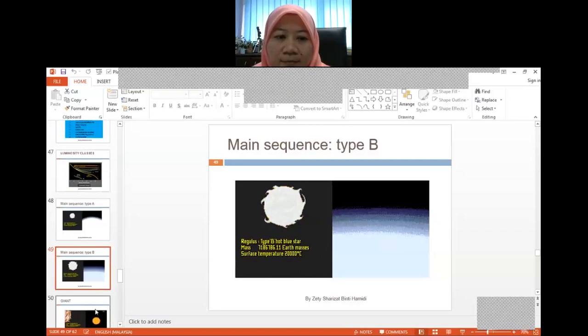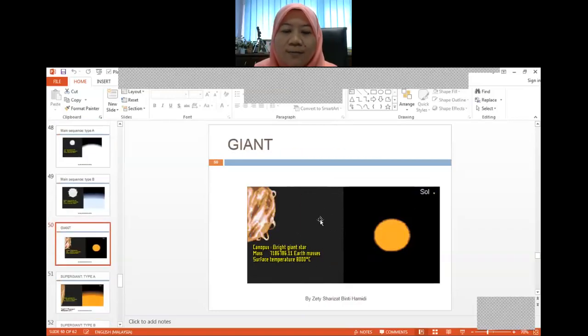And we have the bright giant star here with a surface temperature of about 8,000 degrees Celsius. It looks like more of a red star, and it also has a lot of numbers compared to the solar masses here. This is called Canopus.